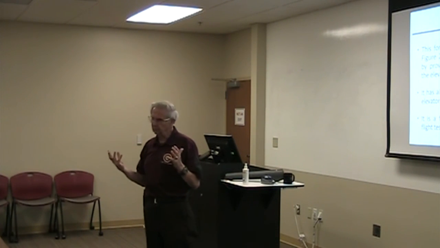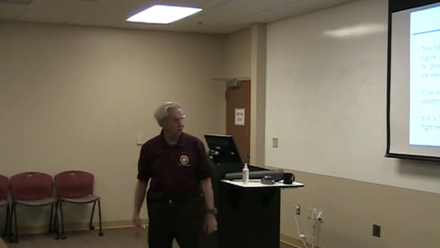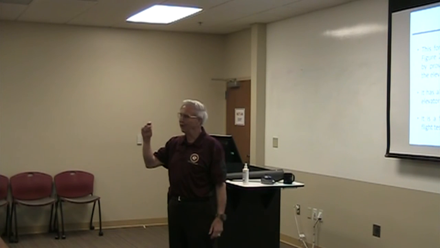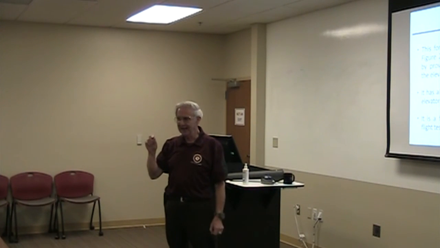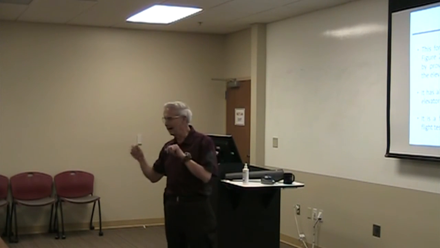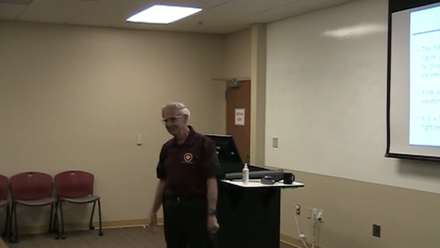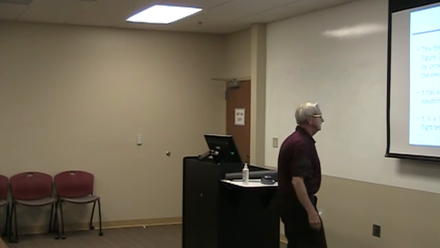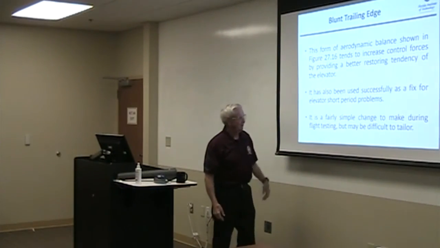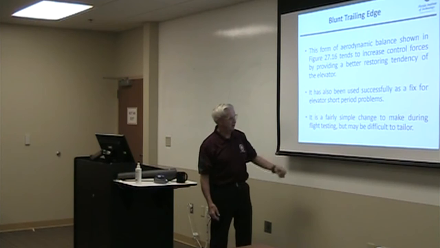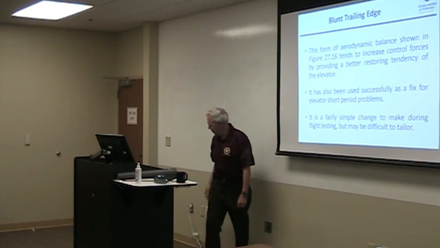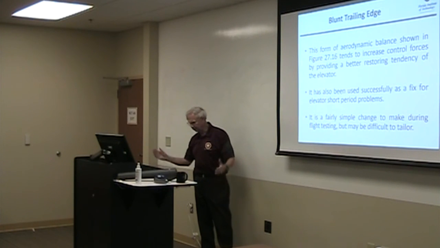Worked on a project once that had that kind of thing, and what we did to fix it was put 1/4-inch wedges on the trailing edge, one on top and one on the bottom, each side of the elevator, and it stopped the problem. Fairly simple change to make. Flight testing may be a little bit difficult to tailor it. You may have to work on several sizes of the wedges.